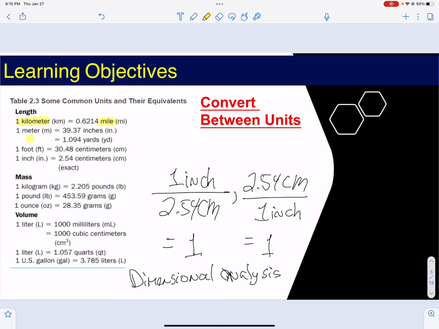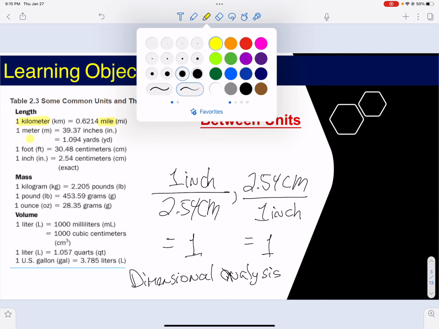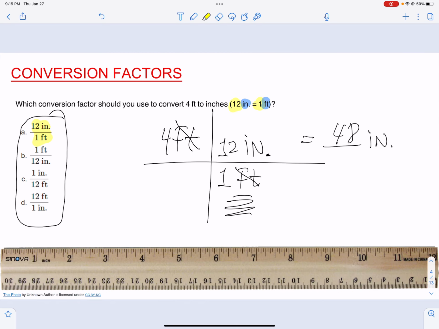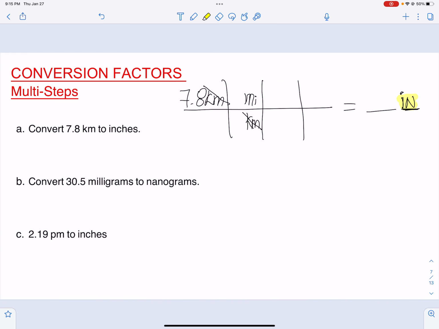Instead of going from kilometers to miles, let's go from kilometers to meters. So let's rethink this process so we can connect it better. Let's go to meters first.